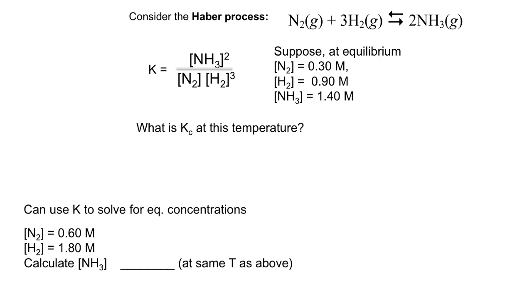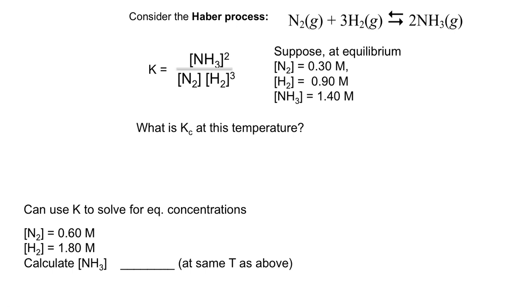Okay, so we can use the equilibrium constant expression to calculate the value of K if we know concentrations of every species at equilibrium. So for instance, here we have the Haber process.